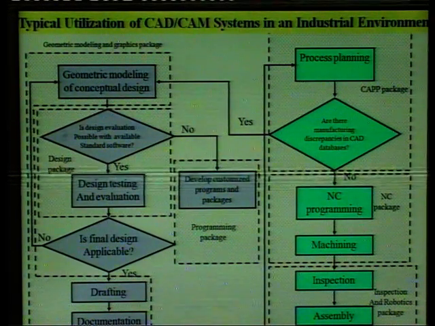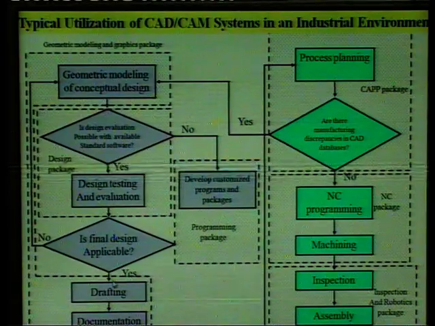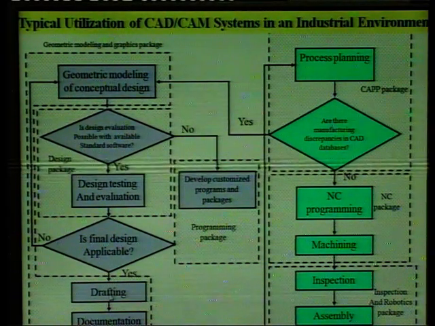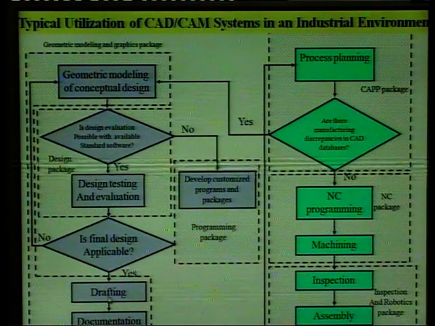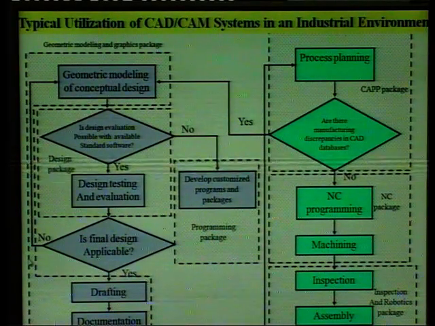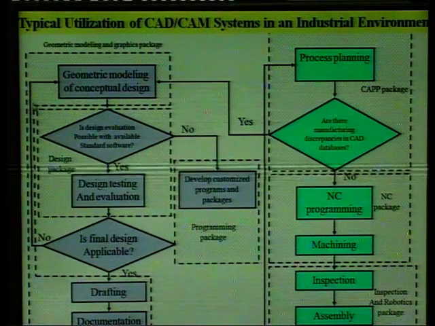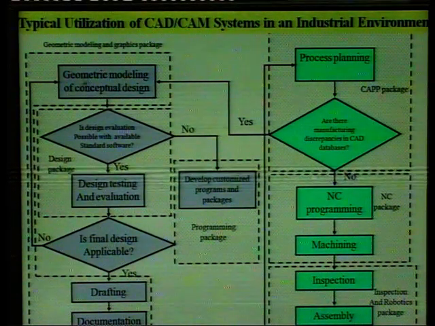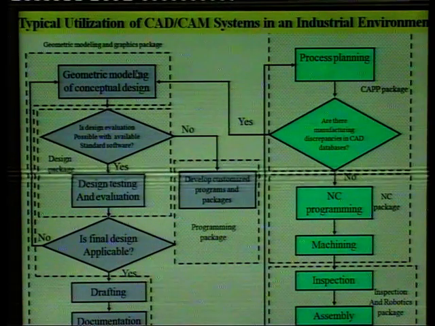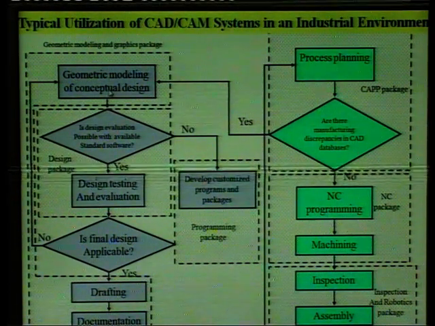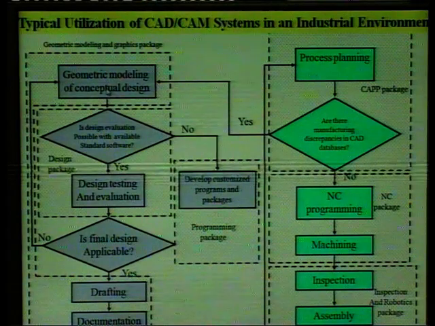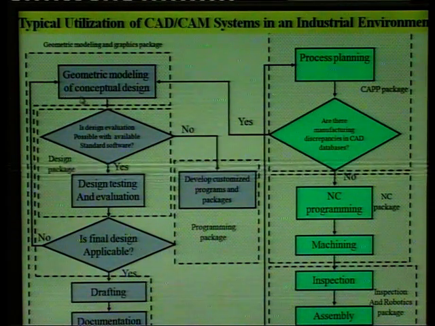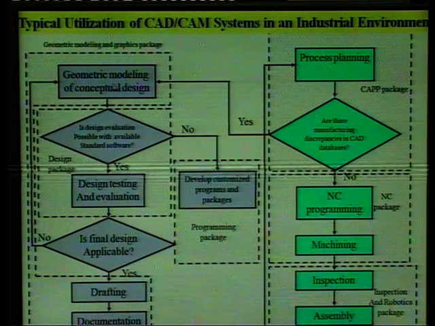After the design testing and evaluation, it is checked whether the final design is applicable or not. If it is applicable, then it is documented and drafted, but if it is not, then on the basis of the deficiencies or problems found during the testing and evaluation stage, it is redesigned by the geometrical modeling of the conceptual design.